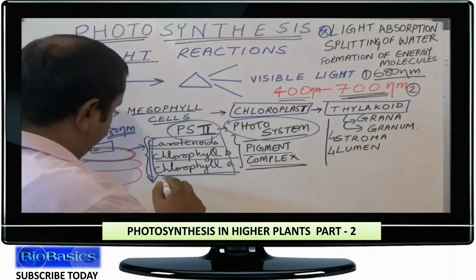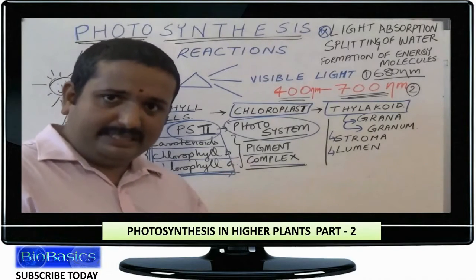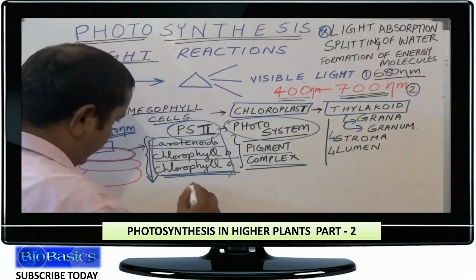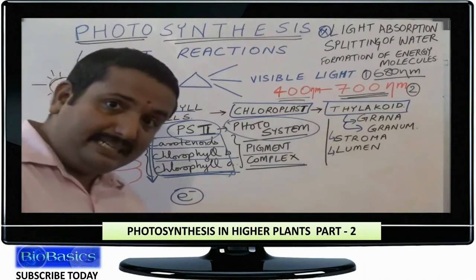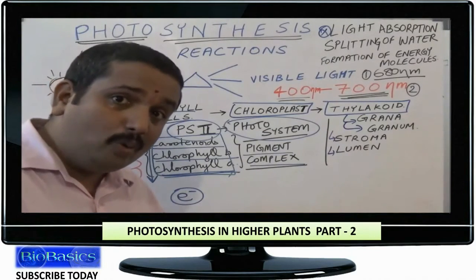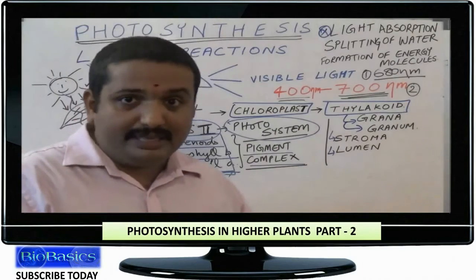Here they reach their maximum capacity, they get maximum energy, and the electrons present in chlorophyll A become very excited. They get excited because of the energy that they receive from the sun.